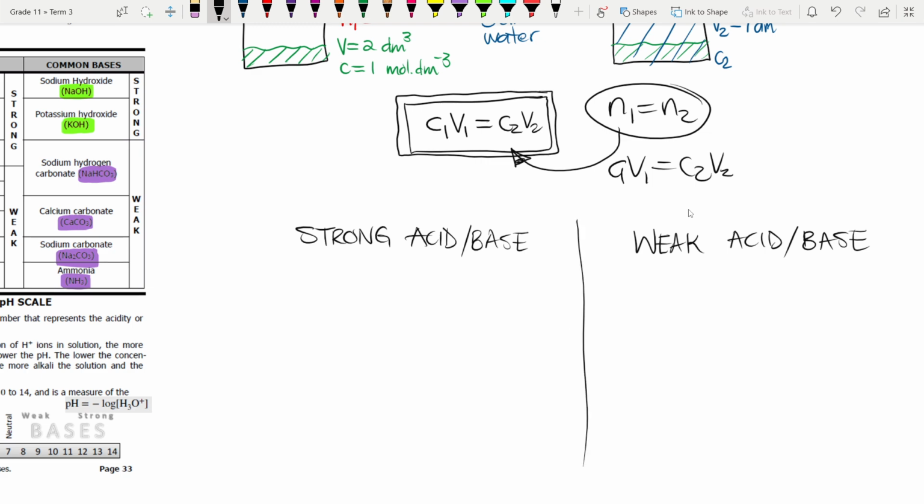So we say that a strong acid or base will ionize or dissociate. This just means it's going to break into its ions completely and very fast. And then if it's a weak acid or base, it's going to ionize or dissociate incompletely or very slowly.